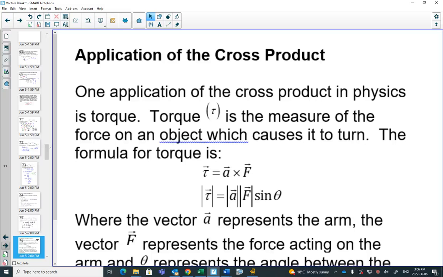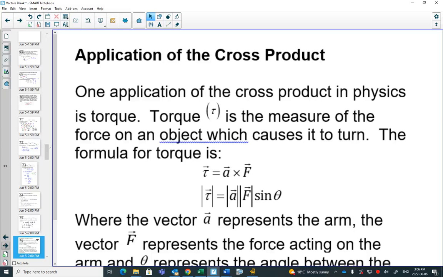Another application. The physics formula for torque. And this is where that whole idea of me putting a wrench and turning it in one direction or another, that's still, it's all built in with the cross product.